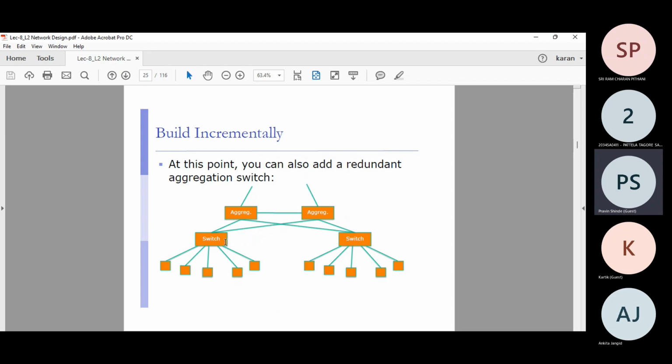So that is the same network design. See the first aggregation to second aggregation to third normal switch. That is a small ring network, a redundant network.